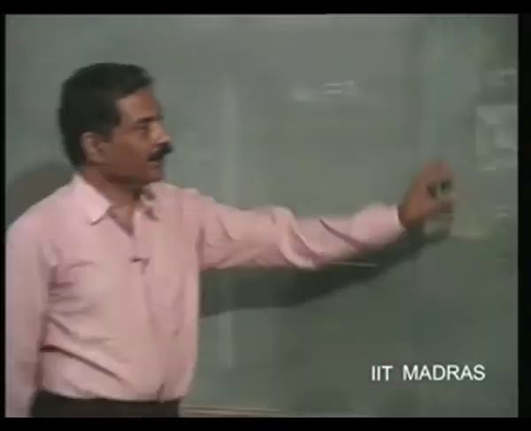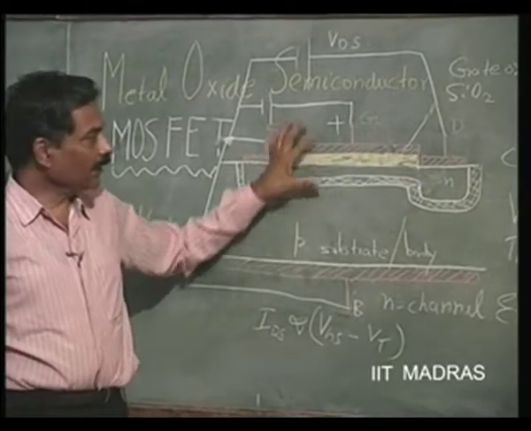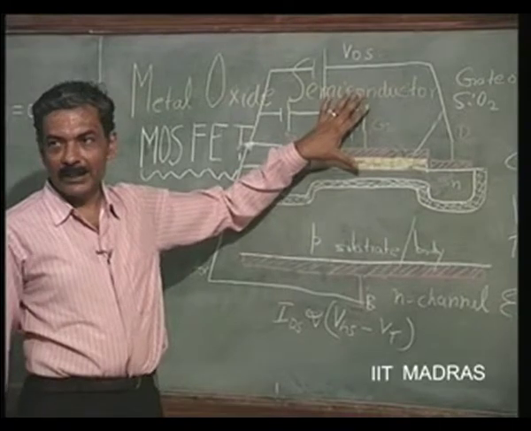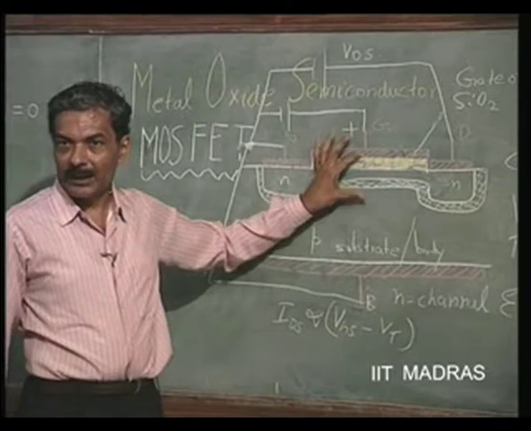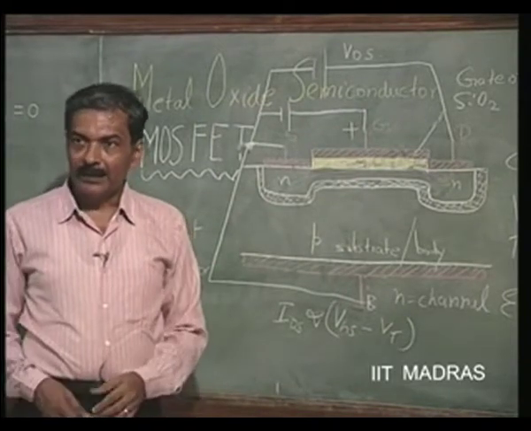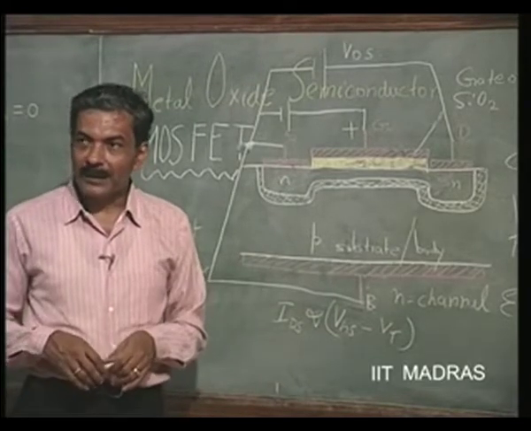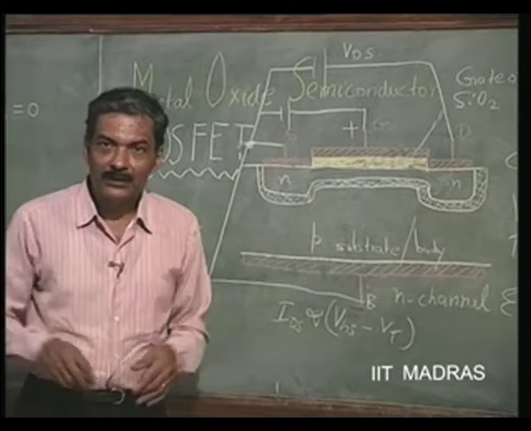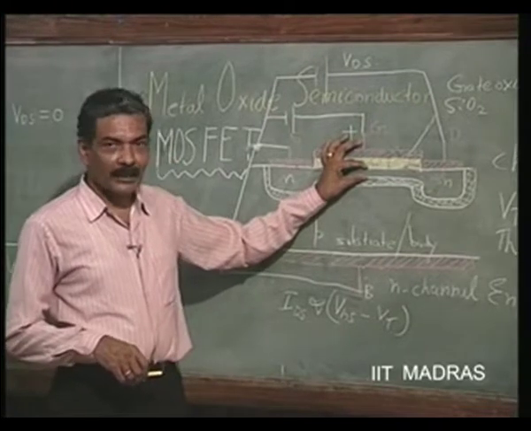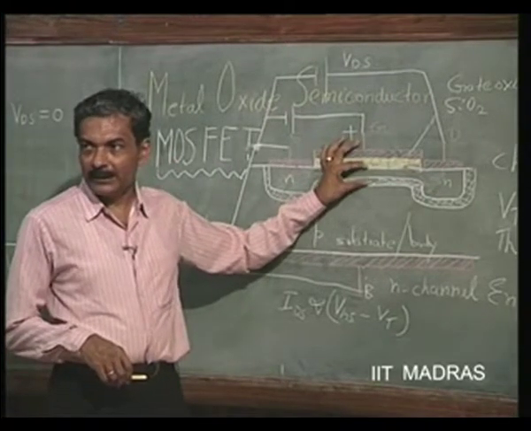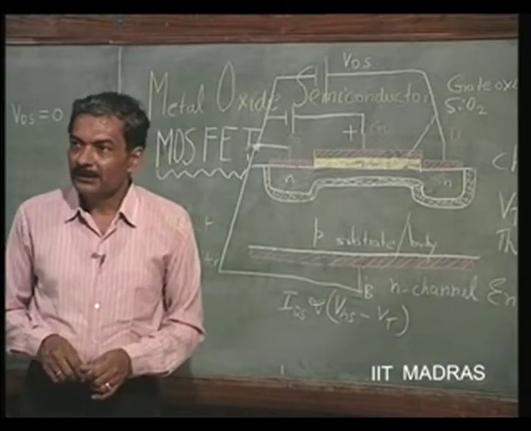It is acting like a mere resistance, because this width is going to remain constant throughout. As I apply more and more gate voltage, this width and the depth are going to increase, and therefore the conductivity is going to increase, or the resistance of the channel is going to decrease. As more and more area is uncovered here, the total resistance of the channel is going to decrease.